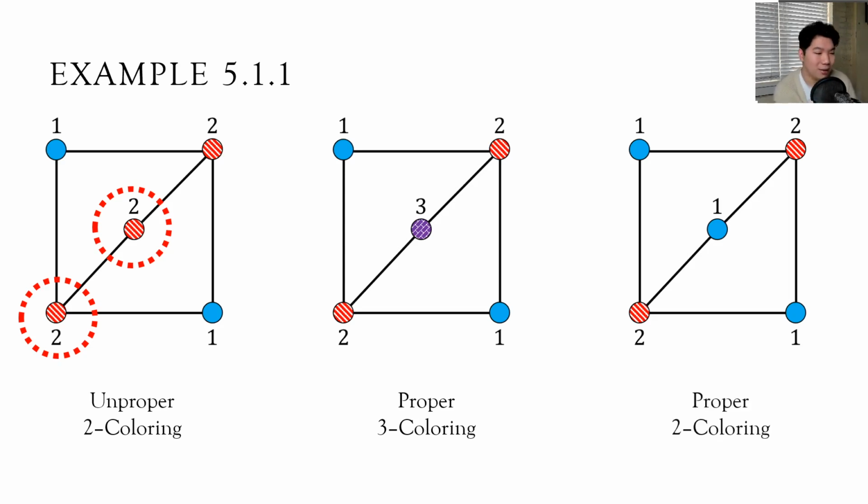So this actually forms a proper 2 coloring. So I have an improper 2 coloring, a proper 3 coloring, and then a proper 2 coloring, like so. All right, so now that we have this example, let's go ahead and prove some propositions, maybe some theorems about colorings.